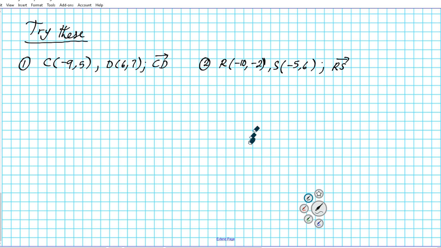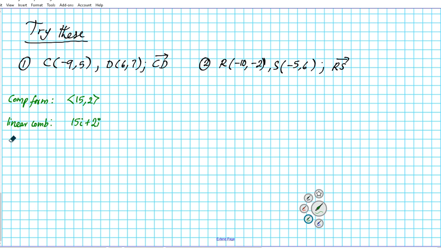All right, hopefully you've had a chance to try out the problems. Let's take a look at what the answers are. So for number 1, the component form is 15, 2. And then the linear combination form is 15i plus 2j.